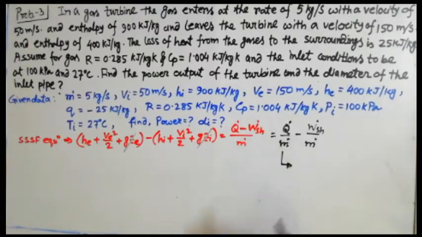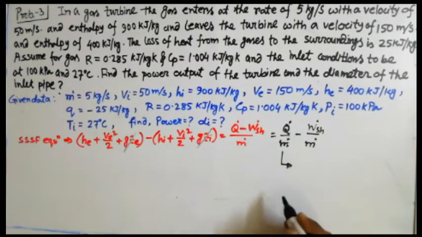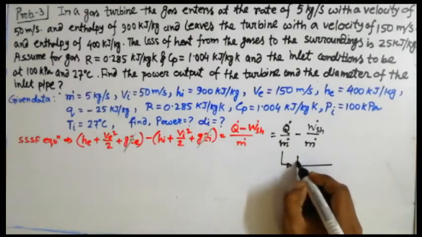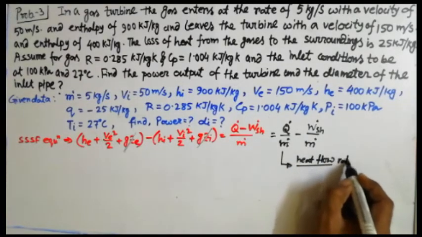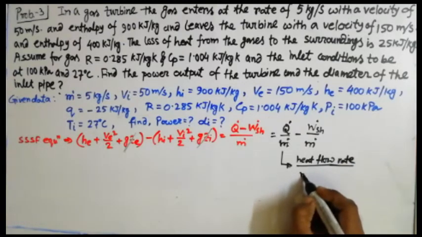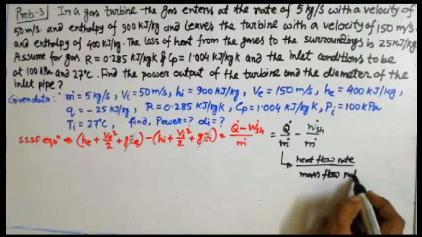If you go through the last problem video, it will be very clear to you that Q dot is the heat flow rate, and M dot is the mass flow rate, isn't it?